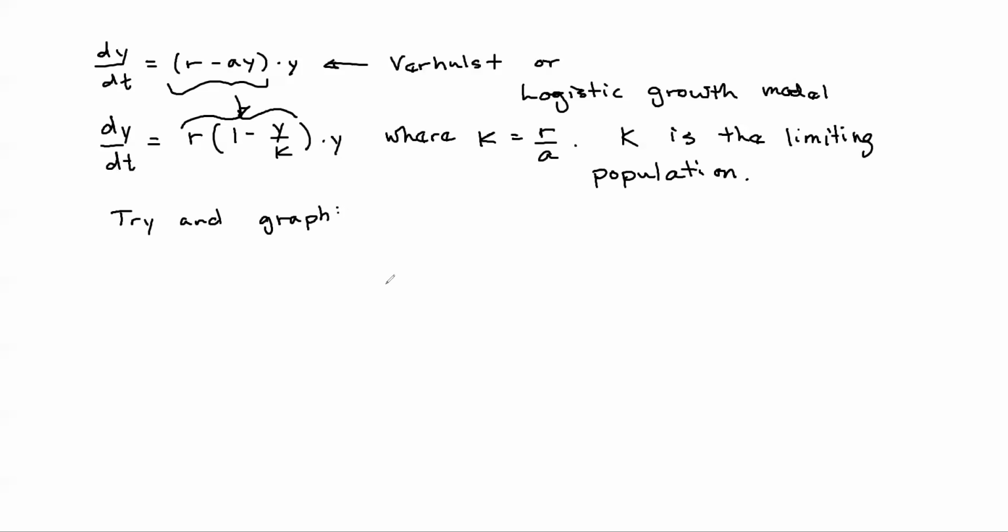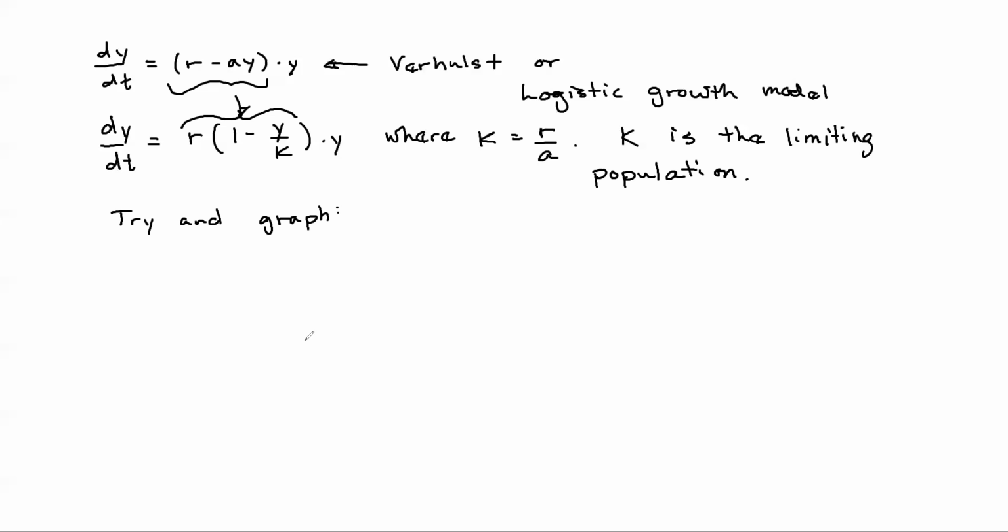So to get us started, what type of information can we pull out of this, without really even doing any major calculations? Well, in an earlier video, one of the things that we defined was equilibrium solutions. We said equilibrium solutions are where dy/dt equals 0.